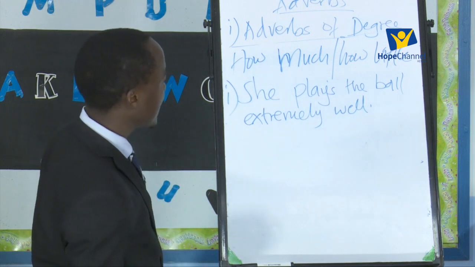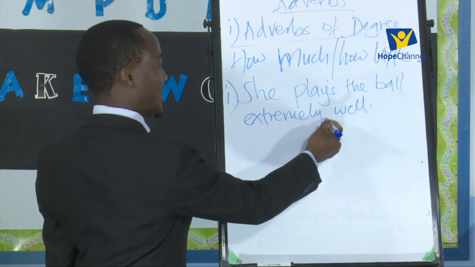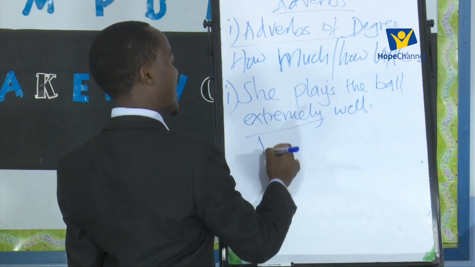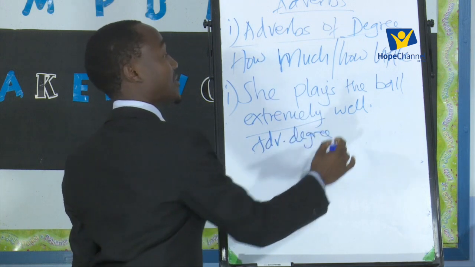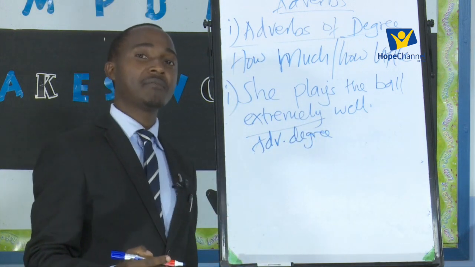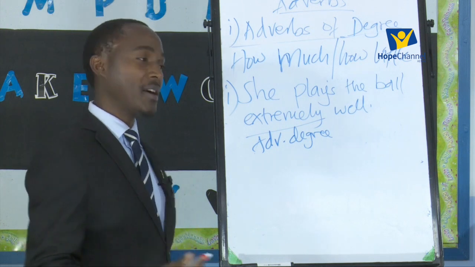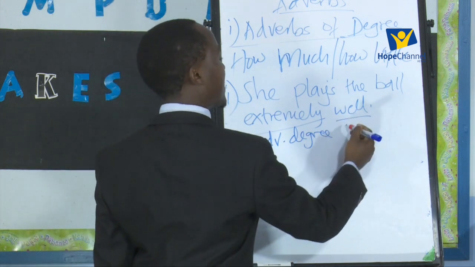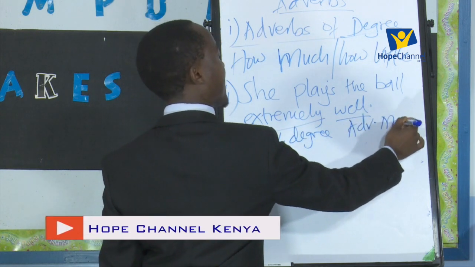And so what do we ask here? How much does she play the ball? Extremely well. So this is an adverb of degree. And remember, in the same sentence we have another adverb, that is well. How does she play the ball? Well. But remember, we said that what answers the question how is an adverb of manner.